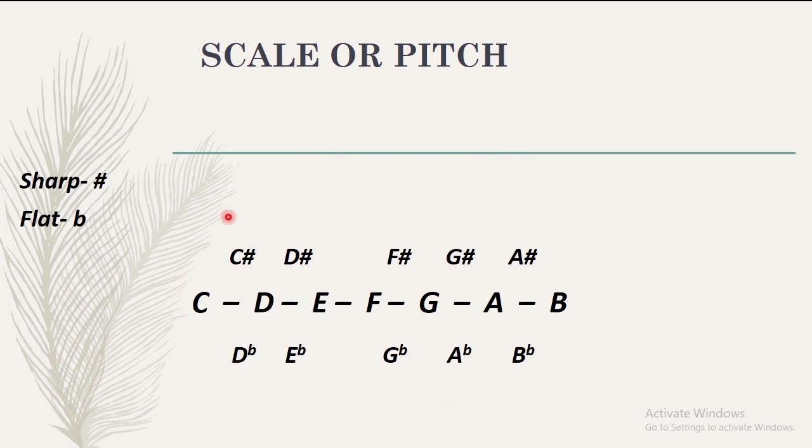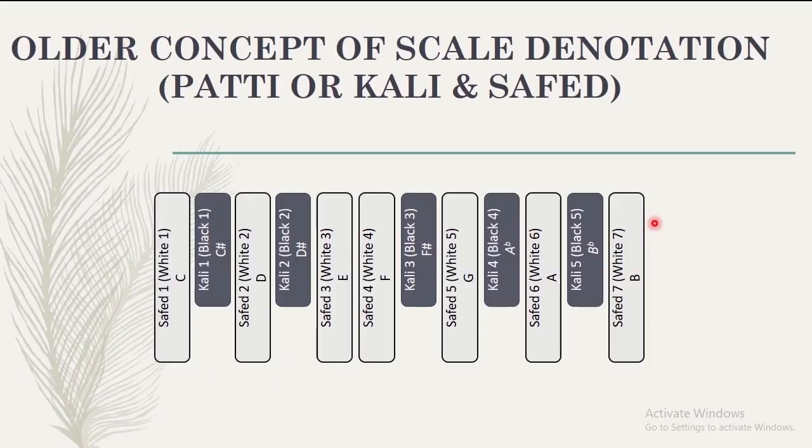Now, in earlier days, another denotation was also followed according to the color of the reeds of any key instruments, suppose harmonium or anything else. And the denotations were used based on the colors of the reeds.